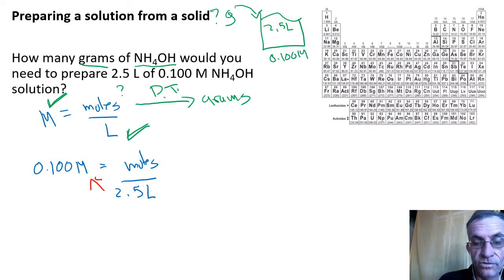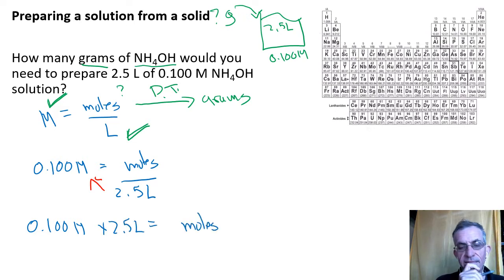We multiply both sides by 2.5, and we end up with 0.1 times 2.5 equals how many moles we need. If we work it out, 0.1 times 2.5 turns out to be 0.25.